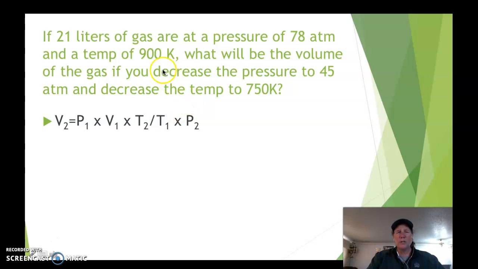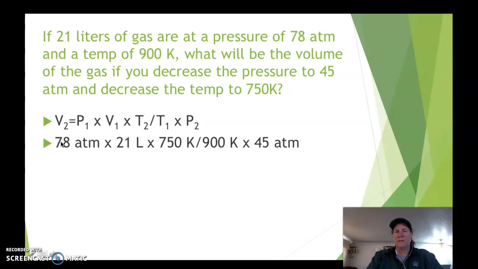Your first temperature was 900. And your second pressure was, where is that? What am I missing? Oh, 45. Sorry, I can't read. 45. So just plug in your numbers, multiply and divide, and you'll get your answer. Again, this is just a matter of finding the right formula. Make sure that you have your gas laws cheat sheet, and that'll help you find all these.